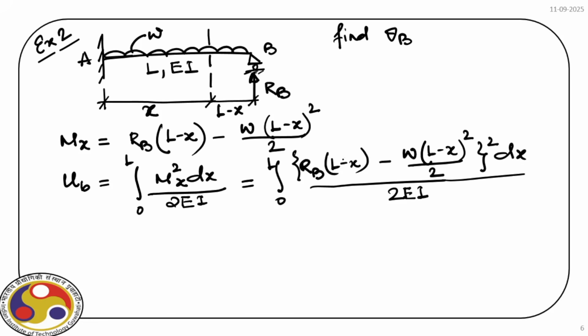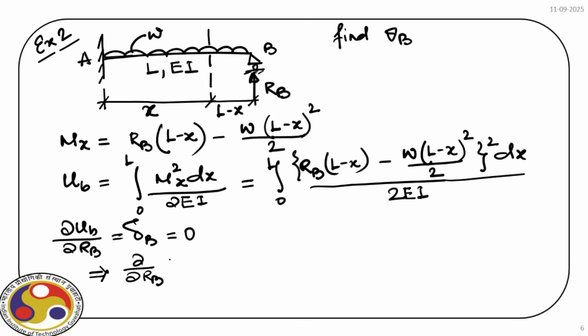Now, of course, we can open this bracket and complete this integral, but if we differentiate this bending strain energy with respect to RB, we get the deflection at the point B. Now, if you look at the condition, this is equal to 0 because we have a support there. Now, if we satisfy this condition, we have the differential of UB with respect to RB.